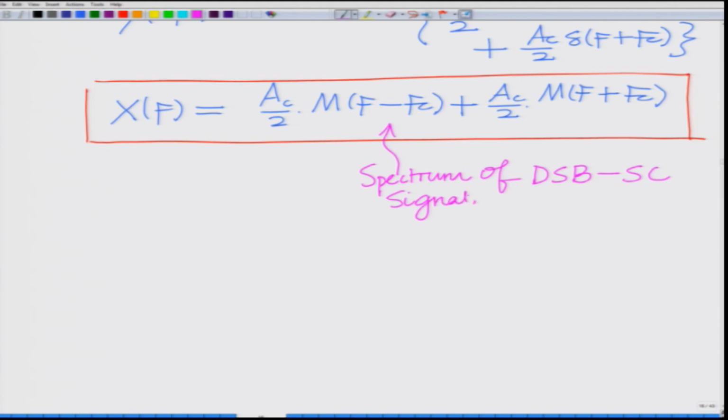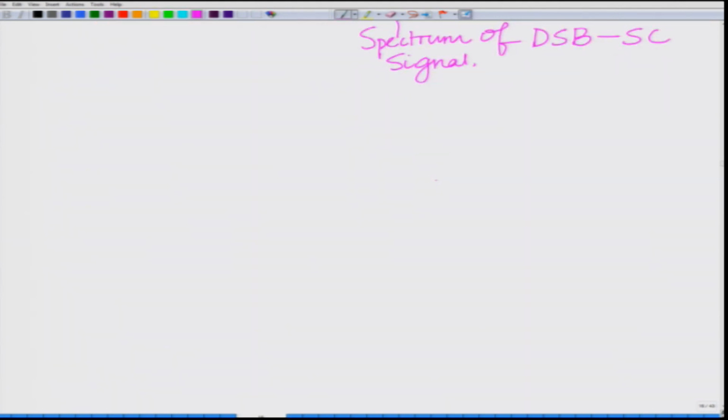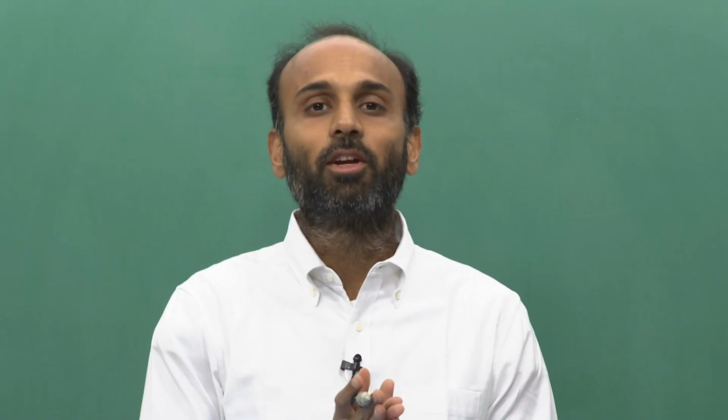This is the spectrum of the DSB-SC signal, which is X(f), that is A_c by 2 M(f minus f_c), the spectrum M(f) shifted to f_c and scaled by A_c by 2, and A_c by 2 M(f plus f_c), the spectrum of M(f) shifted to minus f_c and scaled by A_c by 2.